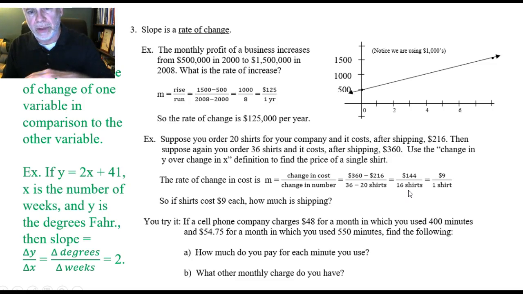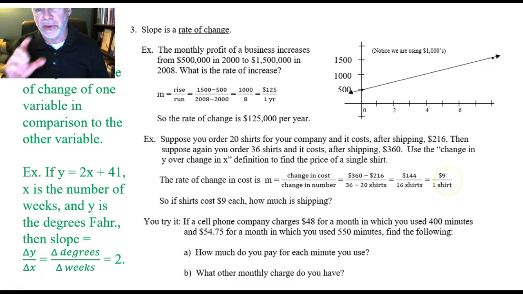So we've upped our order from 20 shirts to 36 shirts, which is 16 shirts higher. And it cost us $144 more. So if you divide 144 by 16, it equals 9 over 1, or 9, which means it's $9 per shirt.